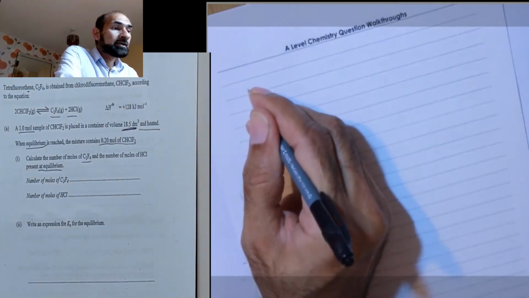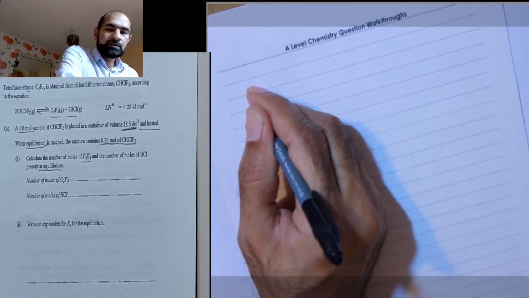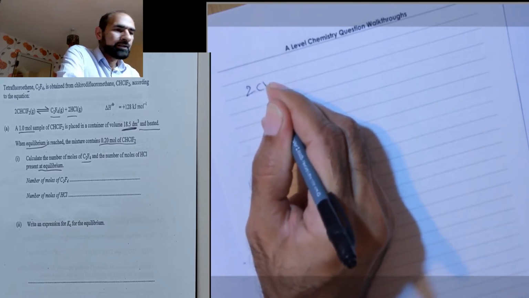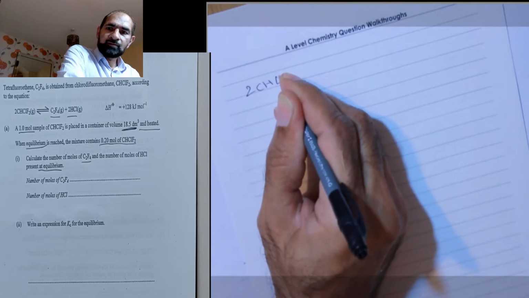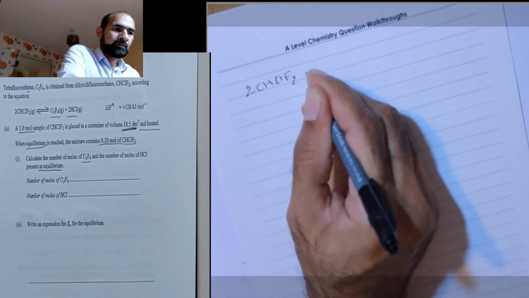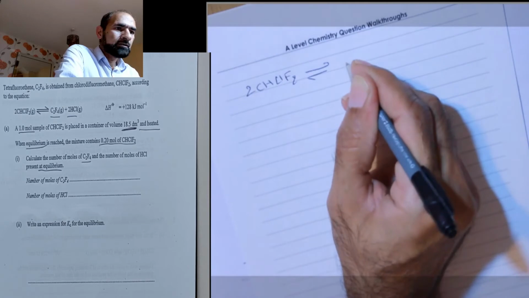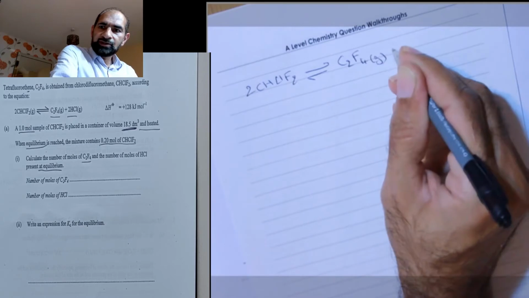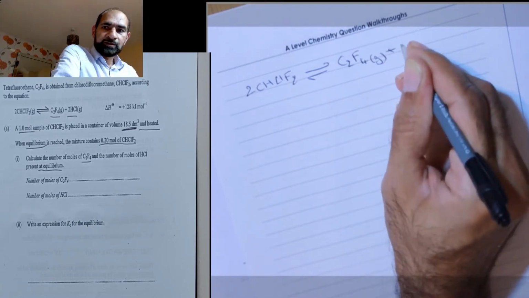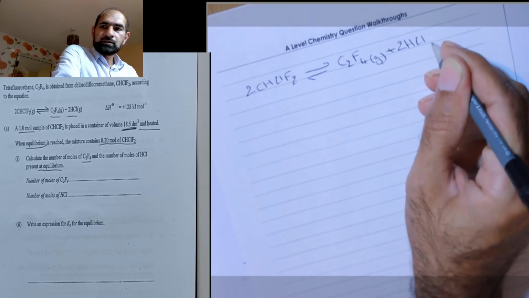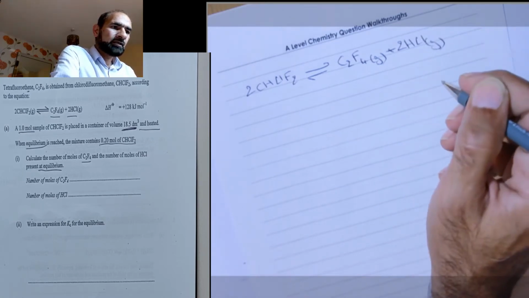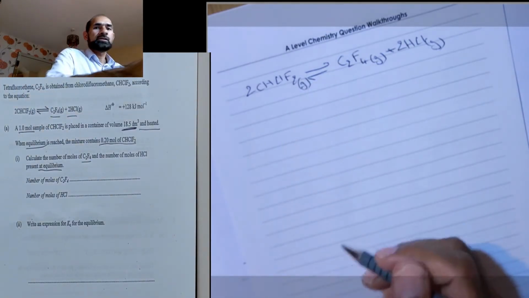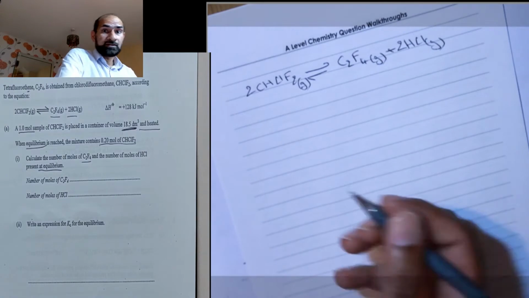Let me write down the actual equation first: 2CHClF2, equilibrium arrow, C2F4 plus 2HCl. Those are all gases. So the ICE method is as follows.